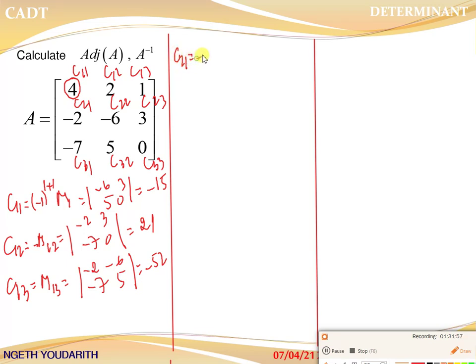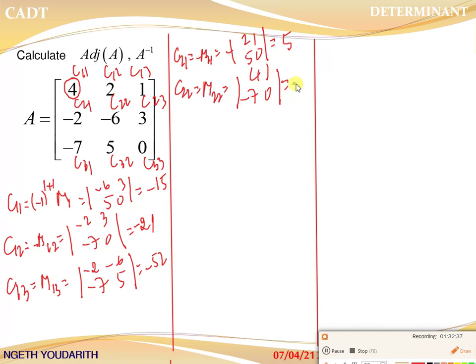C21 is minus M21. M21 is, this one is minus 21. M21, this 2, this one, and this one, 21, 50. So it is 5. C22 is M22, this one and this one, 4, 1 and minus 7, 0.